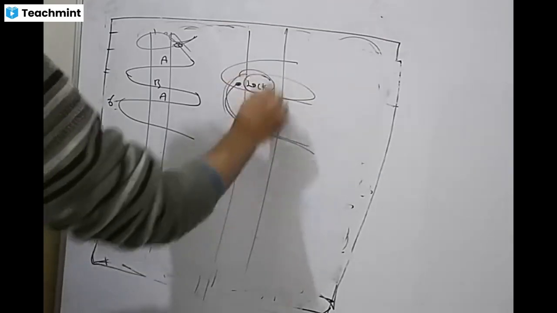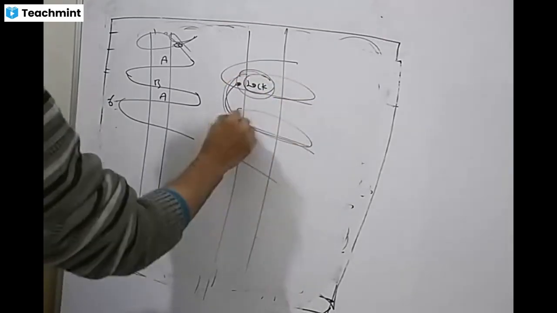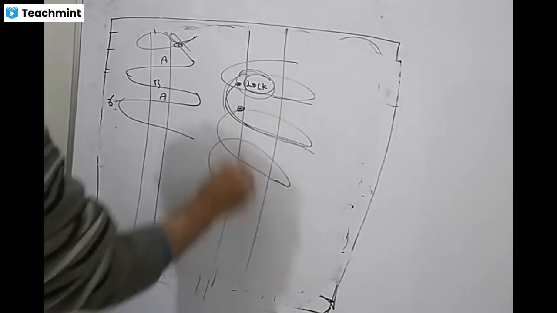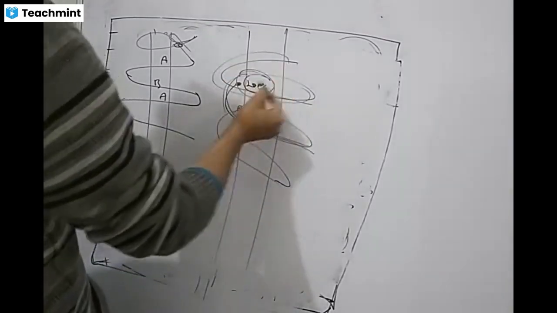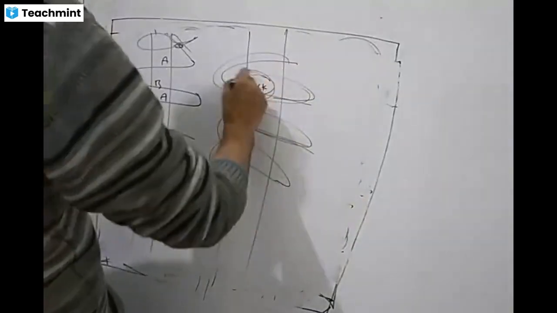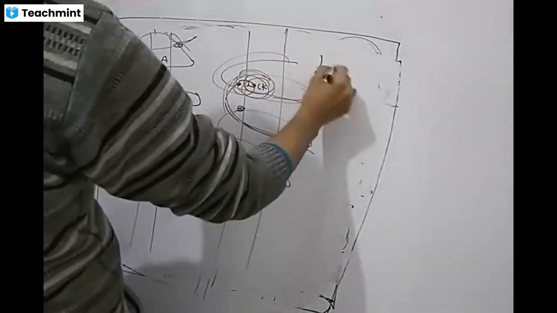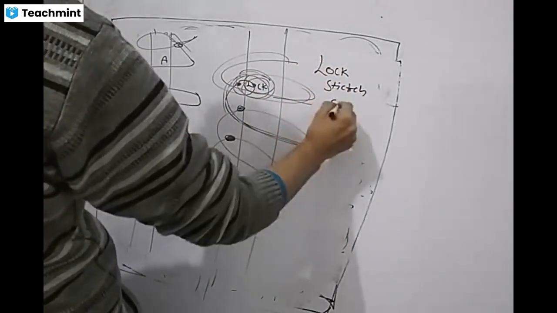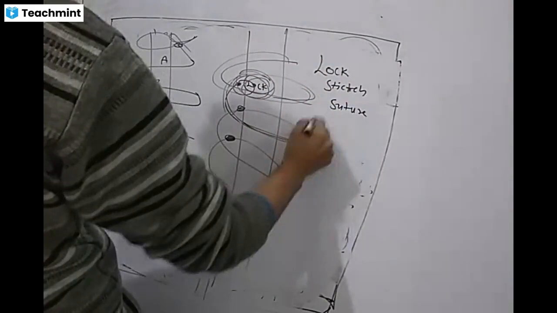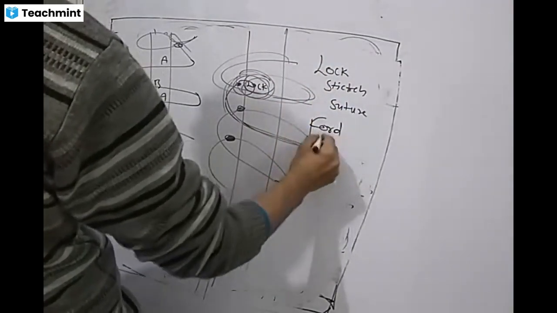If we lock it like this at this end, and in this loop we bring the needle like this, it becomes partially locked, and then it is called lock stitch suture. It is also called fold interlocking suture.